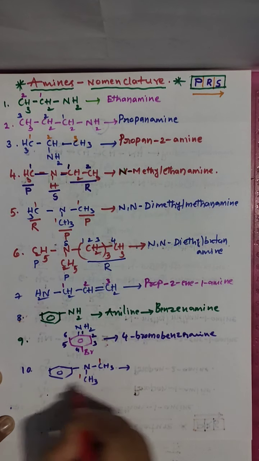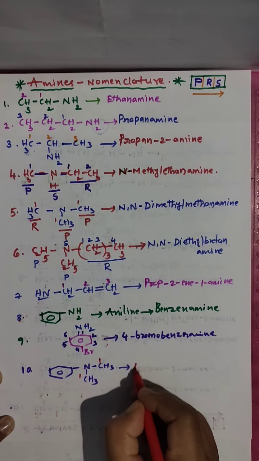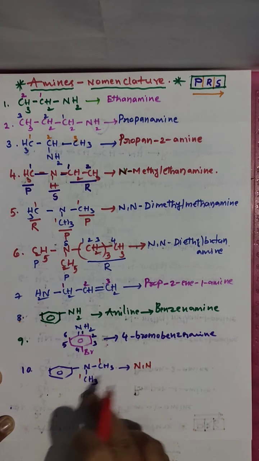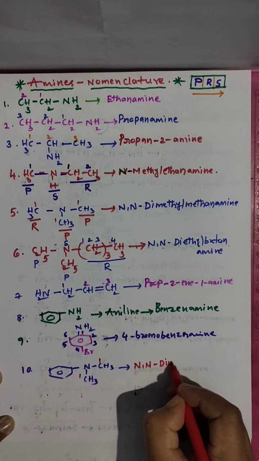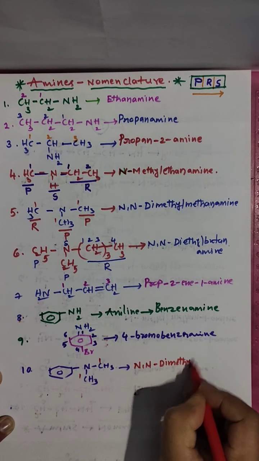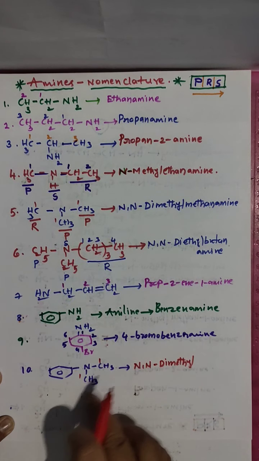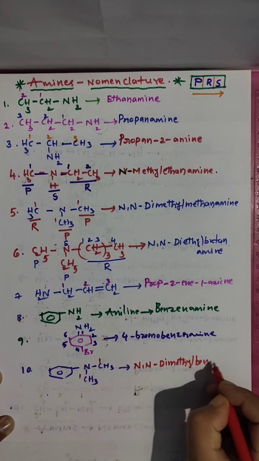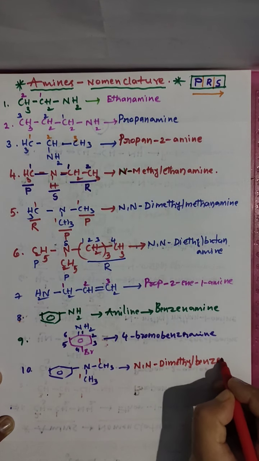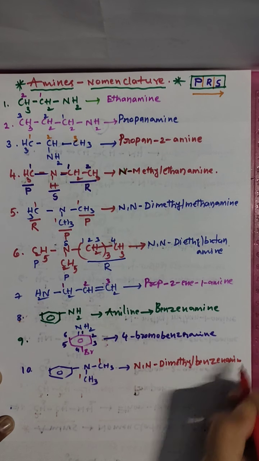So this is the phenyl ring. Then we have to go for N, N dimethyl benzenamine.